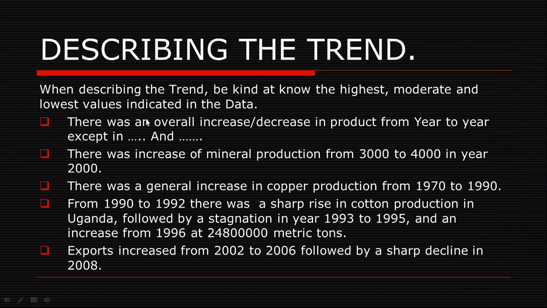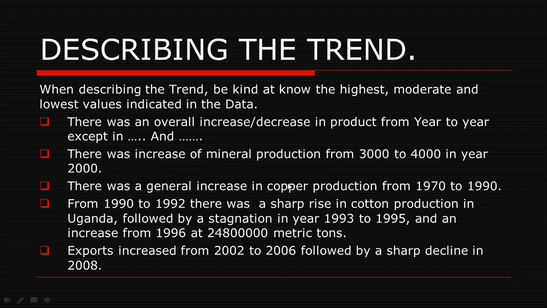Or there can be an overall decrease. Are you getting my point? Or it can also be there was an increase of mineral production from 3,000 to 4,000 in the year 2000. And it dropped in the year maybe 2001. When you say it dropped, you give us the year and you give us the drop.